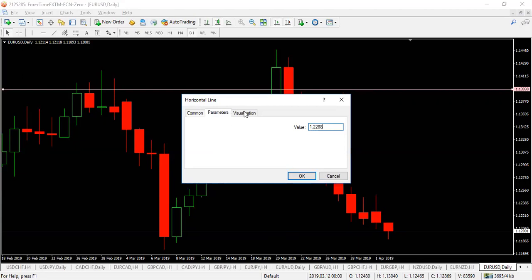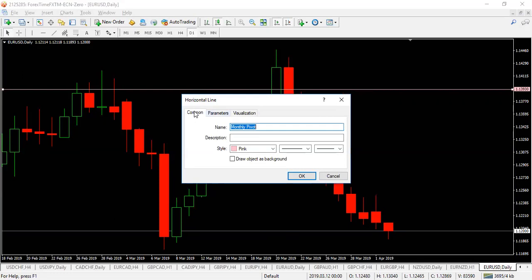This is the visualization, let it show in all time frames. Then for choosing the color, we can agree on what we want. Let it be pink, the pink that is already showing.